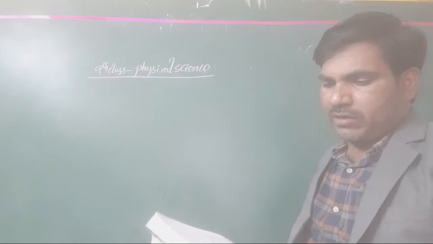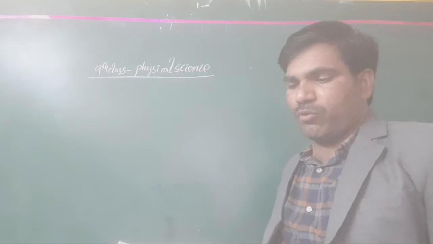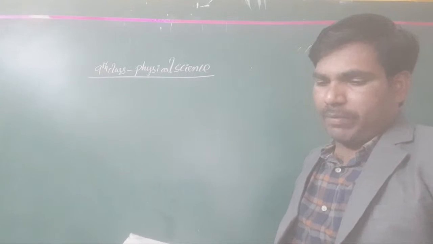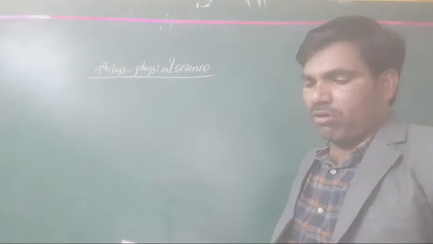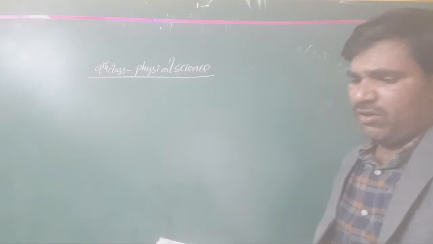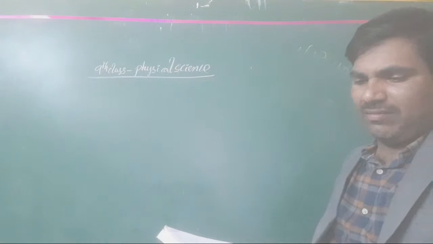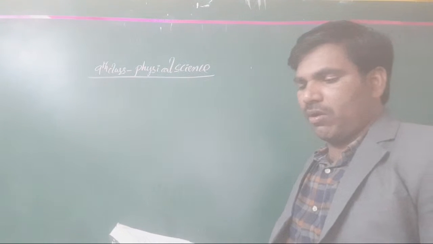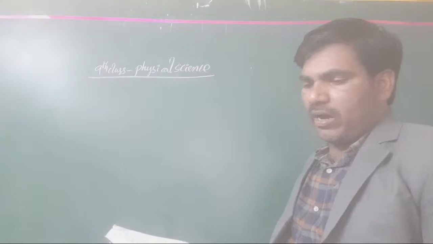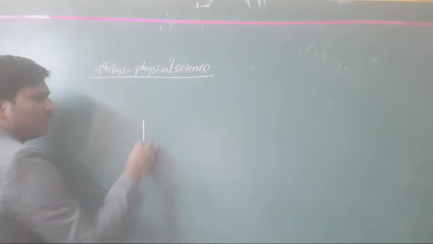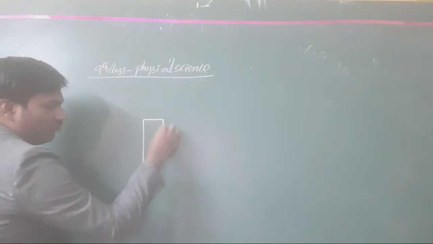Look at the object through a transparent glass slab. You observe that it appears close to you. Draw a diagram to show the passage of a light ray in this situation. Clear or not, all the students? Now here we take one glass slab like this.